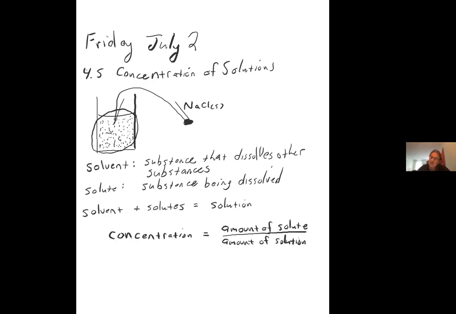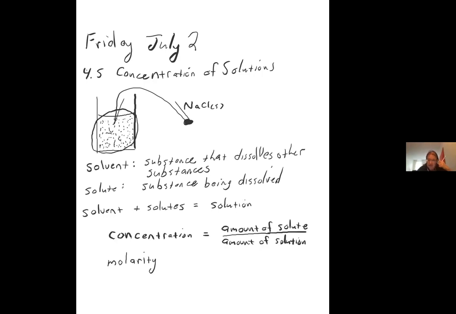Okay, so amount of solute. Now, amount is ambiguous, right? What does that mean, amount? Are we talking about the amount of mass that you have, the amount of space that you're taking up, the volume? What do we mean by amount? And so that's where the details get into play. We're going to use for this section one specific type of concentration, and it's called molarity.